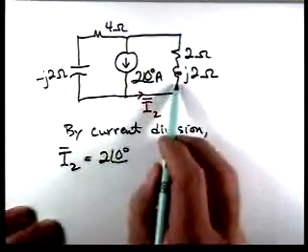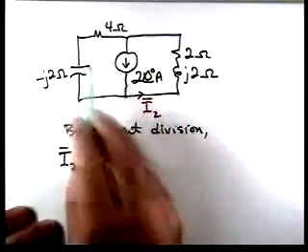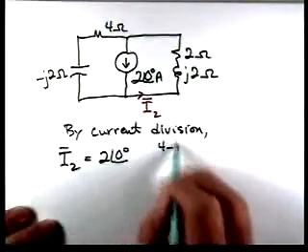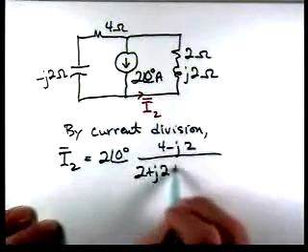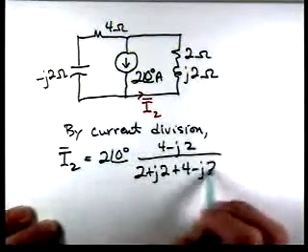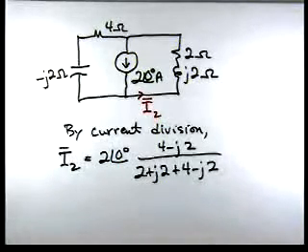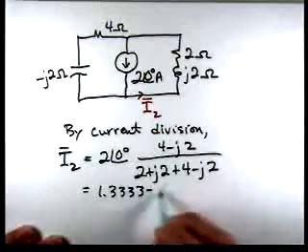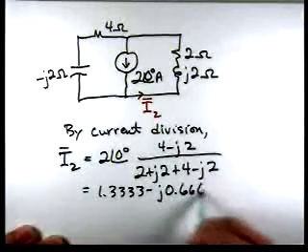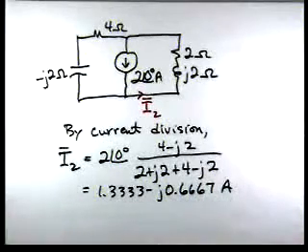Now we want the current through this branch, so we're going to put this impedance in the top. So we have (4 minus j2) over (2 plus j2 plus 4 minus j2), and that gives us 1.333 minus j0.667 amps. Okay, so there's the current I2.